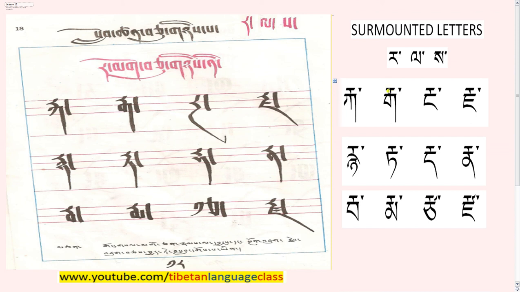Without it, this letter by itself is Ka, but when you add the surmounted letter, it becomes Ga. So it's Ka, Ga with it. Nga without it, Nga with it.